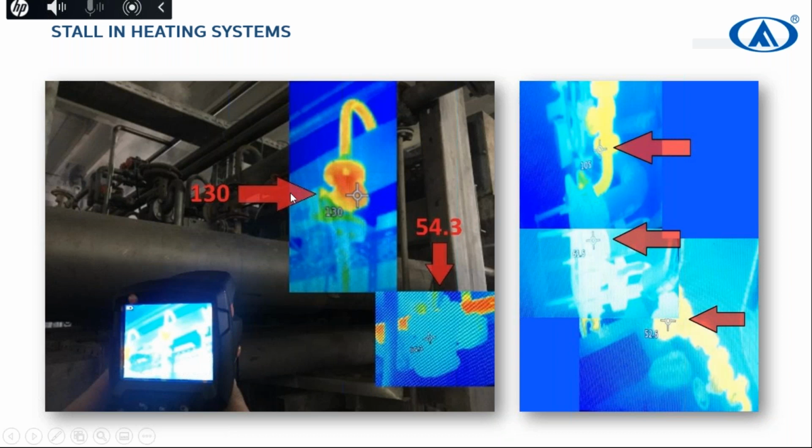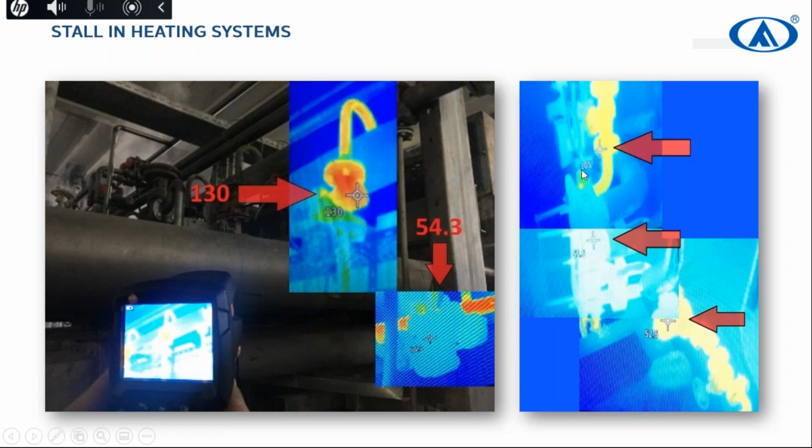You see 130 degrees Celsius in the temperature control valve, but you will see 54.3, or it can depend on your system, at your steam traps. As you see here, 105 degrees Celsius, the heat exchanger is at 61 degrees Celsius, and the steam trap is only 52 degrees Celsius.